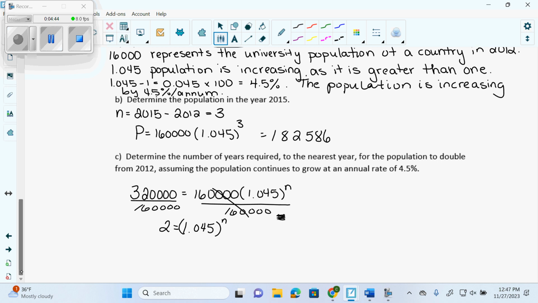What do I have to do when I don't know the exponent? Convert it to a log. So I get log base 1.045 of 2 equals n. N equals 16 years. And then you need a sentence. You'll say it takes 16 years for the population to double from 2012.